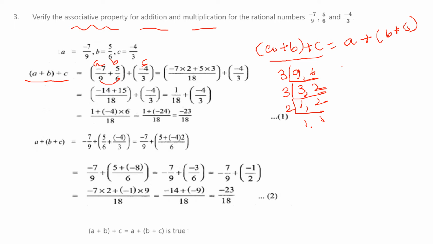If you multiply, 3 3s are 9, 2s are 18, that is the LCM. So 18 LCM: first write minus 7; 18 in 9, 9 2s are 18, so into 2, plus 18 in 6, 3 times, so 5 into 3. So minus 7 into 2 plus 5 into 3. So you simplify this: minus 14 plus 15 by 18.